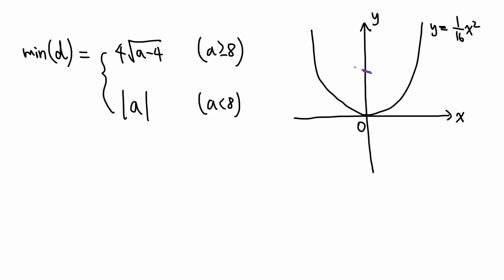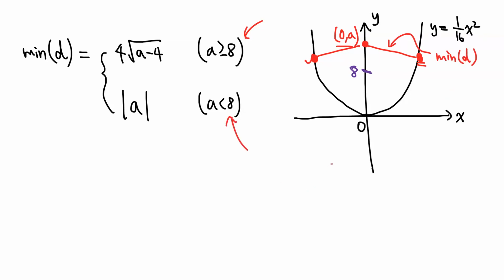Now what this means is, let this point be (0, 8). The first case means that when (0, a) is up here, then the minimum distance between this point and the parabola is the distance between (0, a) and some point on the parabola, here and here. So d is minimum here.